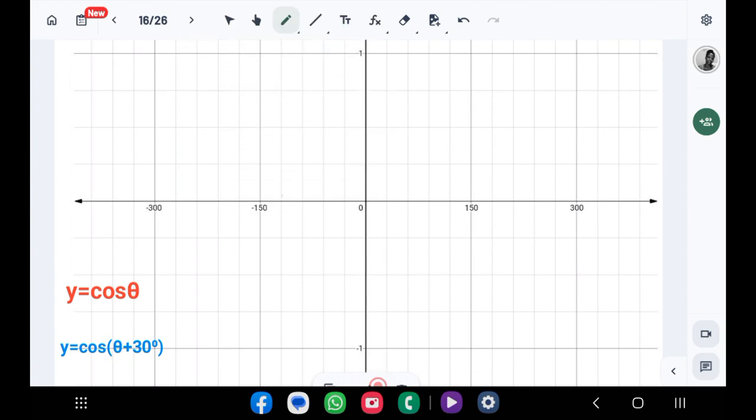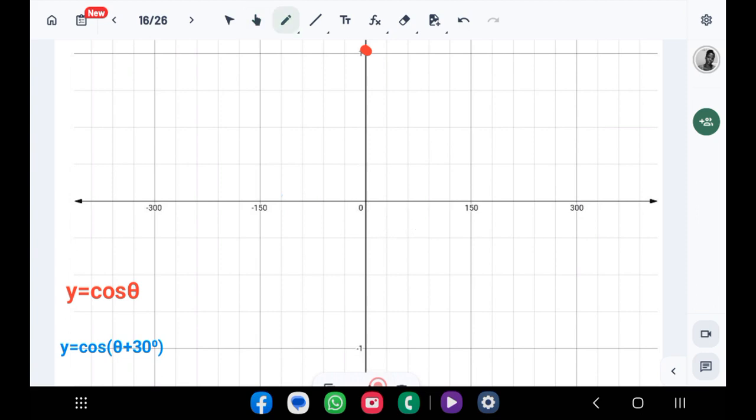At 0 degrees, it reaches a peak, that's a maximum turning point at 1. And then at 90 degrees, that's the first turning point. This one is divided into sections of 30 degrees: 30, 60, 90.